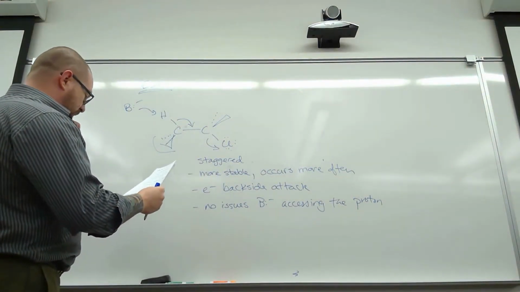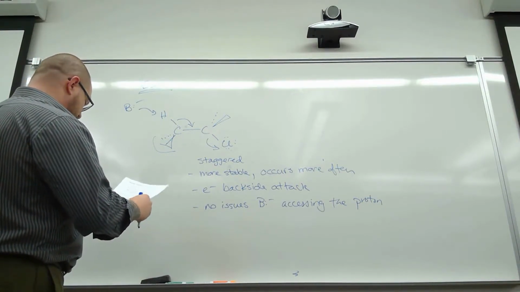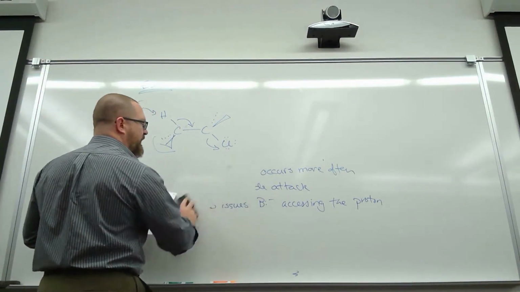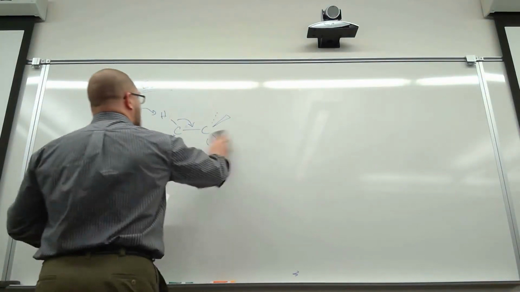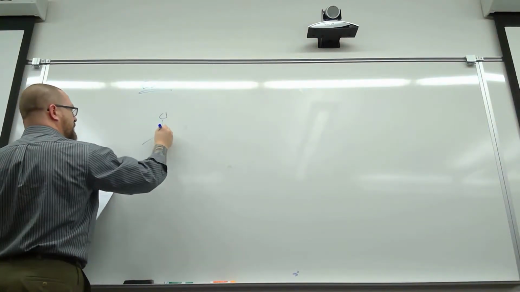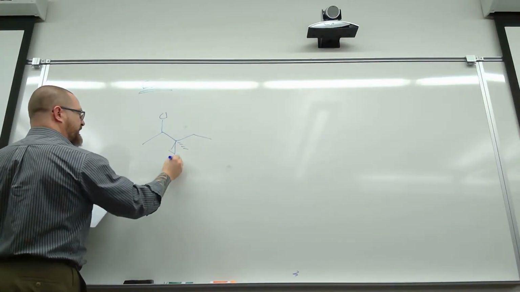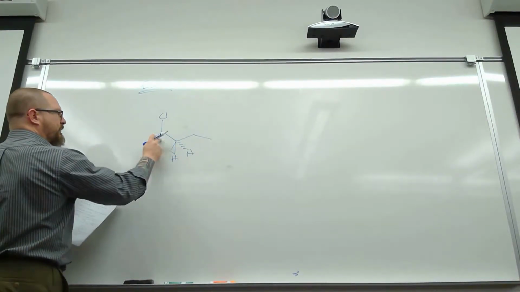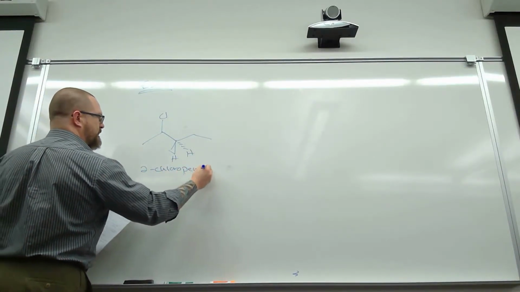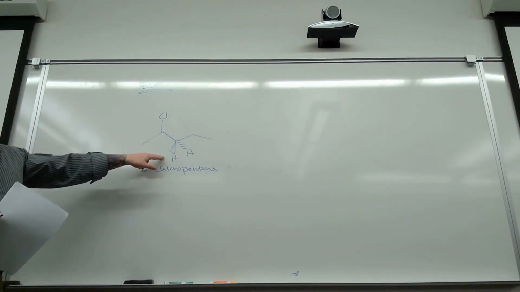So let's see here. Now, if we have something like this, we have 2-chloropentane, 1, 2, 3, 4. We've got 2 hydrogens on the beta carbon.